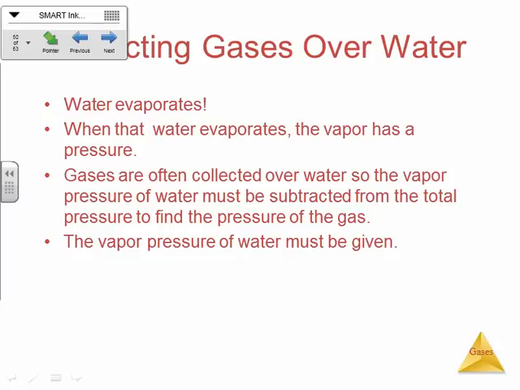When that water evaporates, you have water as a gas, and that gas has a pressure, because all gases have pressures. So when we're collecting gases over water, like we're going to do in our experiment on Thursday, we're collecting hydrogen gas over water. So the hydrogen gas is going to bubble out of the water. Then we have to take into account the fact that there's going to be a little bit of water pressure also, okay? And the vapor pressure of water is going to be given to you based on the temperature.